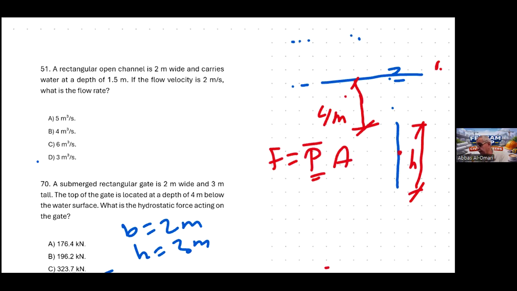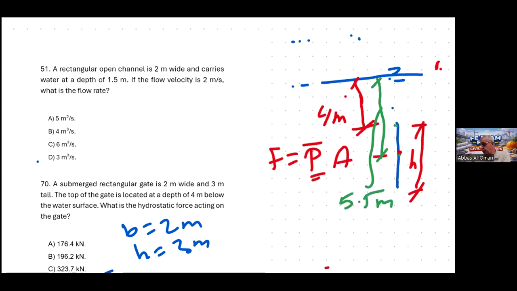So we want to determine the pressure here, at this distance. This distance from here to here is 1.5, and the gate is 4 meters below the water surface. So the entire distance is 5.5, which is 4 plus 1.5.